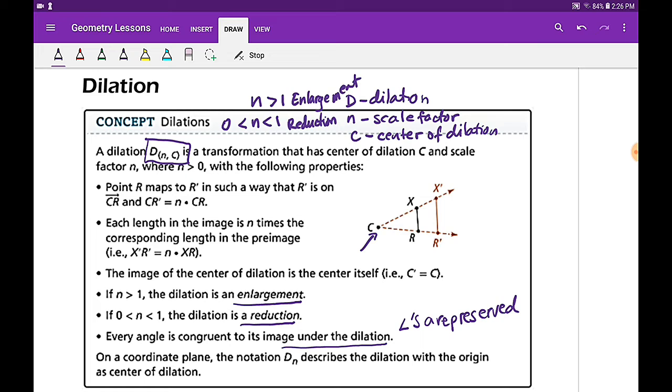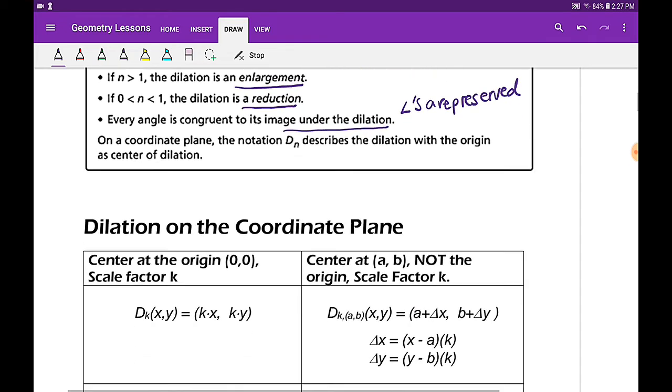On a coordinate plane, the notation D subscript n describes the dilation with the origin as the center of dilation. Remember, if the center of dilation is the origin, you don't have to write it down. So if you don't see the center indicated, you know that the center of dilation is the origin, or (0, 0).